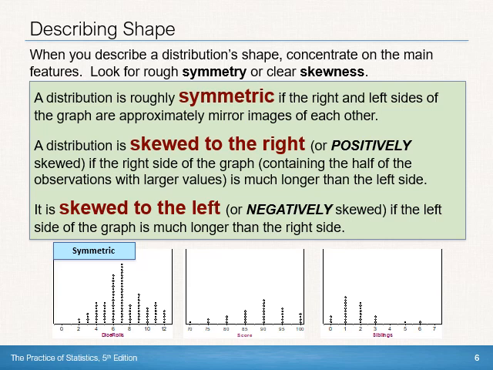In this case, either one would work, but this one is left or negatively skewed. Okay, and then the last one, the tail goes over to the right more, and the tail tells us the skew, so this is right skewed or positively skewed.